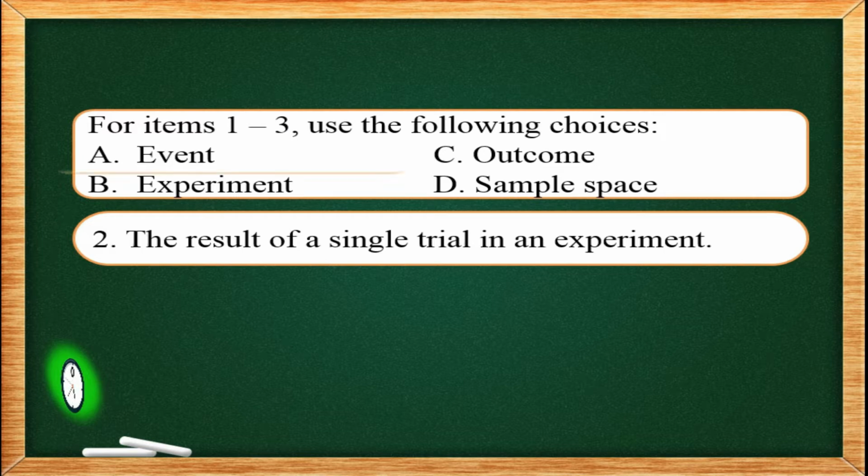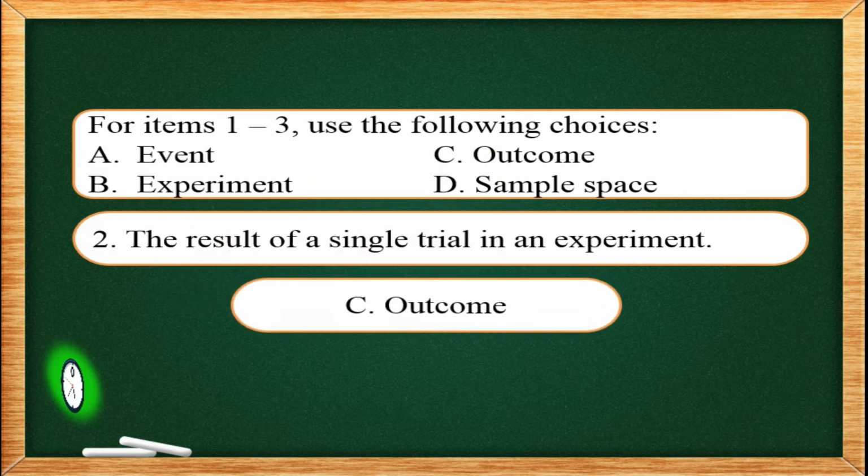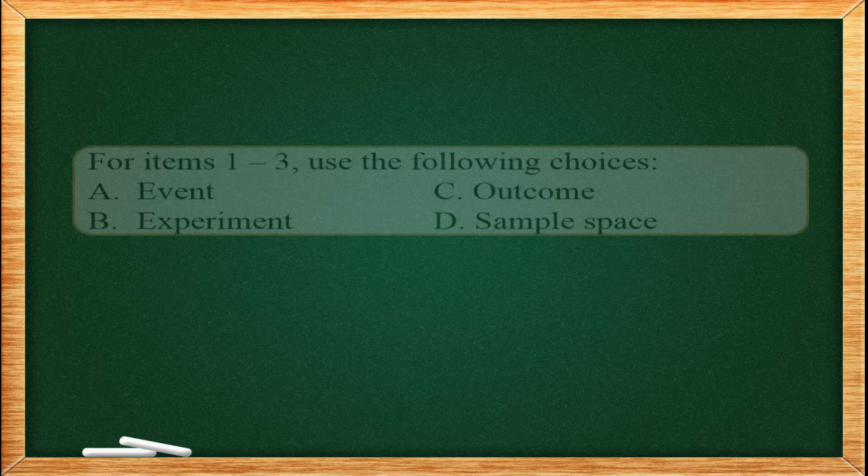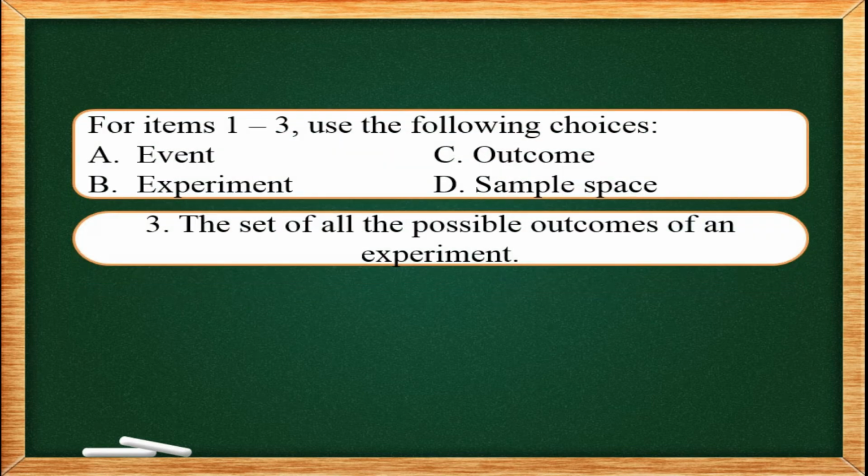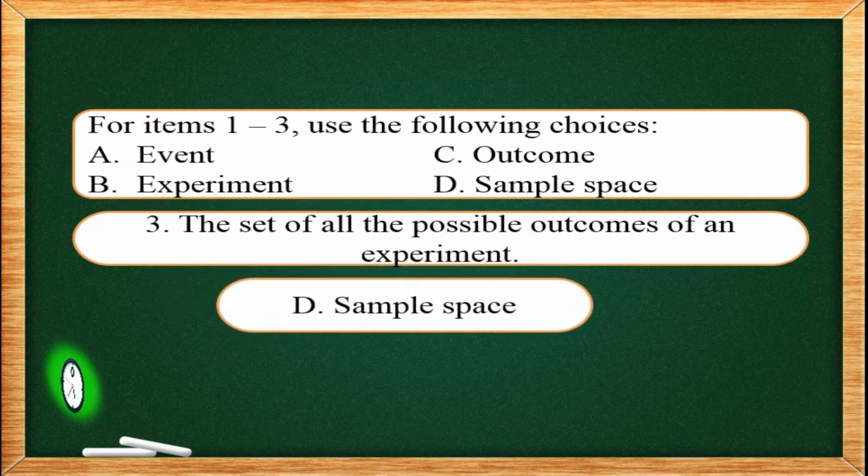The correct answer is outcome. Number 3. The set of all the possible outcomes of an experiment. Correct answer, sample space.